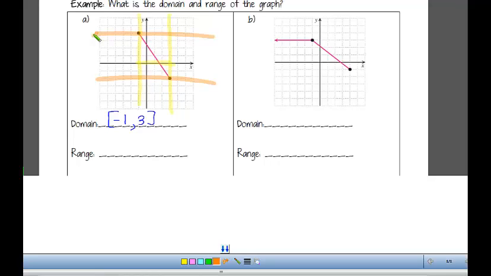Okay, so the minimum y value is what? Negative 2. And again, it's included. Maximum y value is 4. Okay, so we were able to determine the domain and range from the graph. Okay, questions about that?